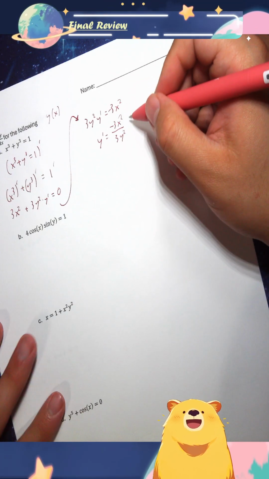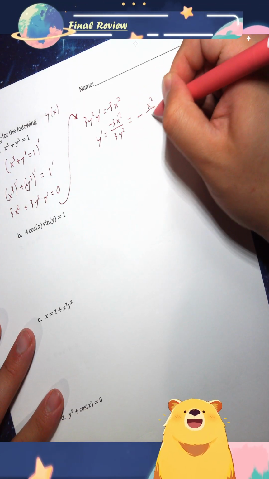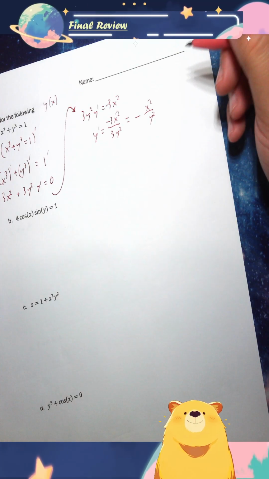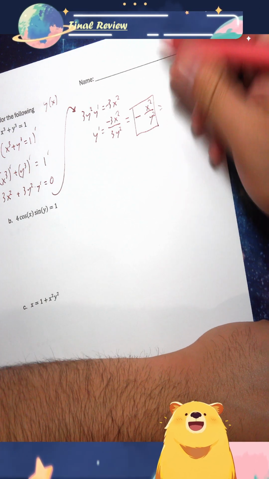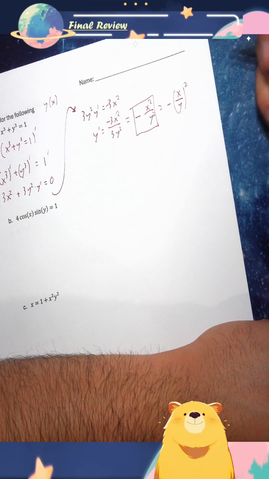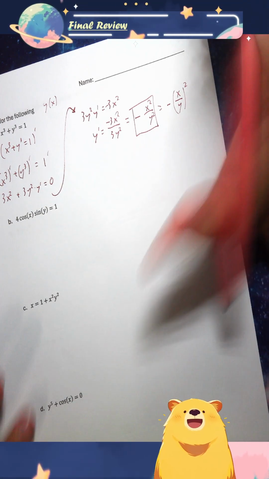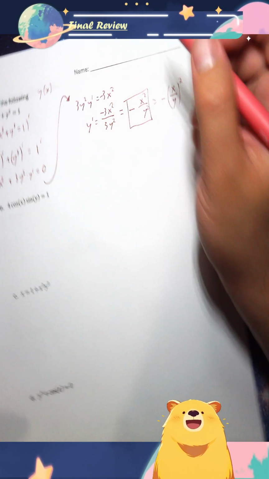And then you can simplify these a little bit, and you'll get negative x squared over y squared. I would just accept this as the answer, but technically, if you want, you could do this as well. But I don't think it matters personally. Okay, that's going to be it for that one.